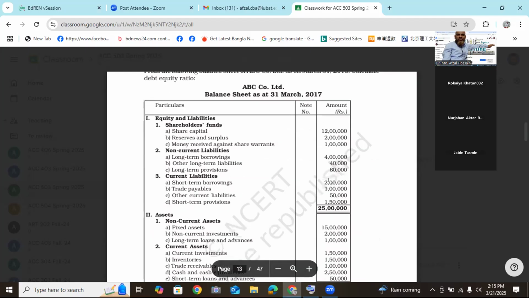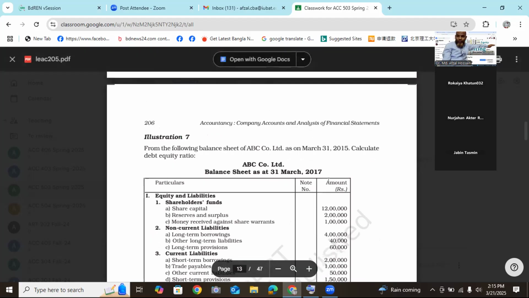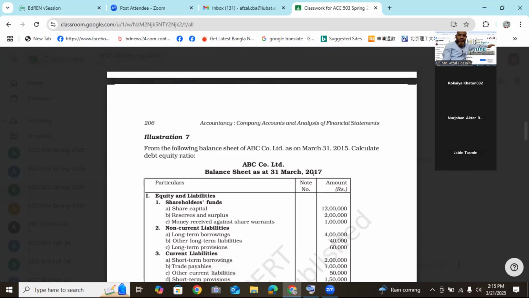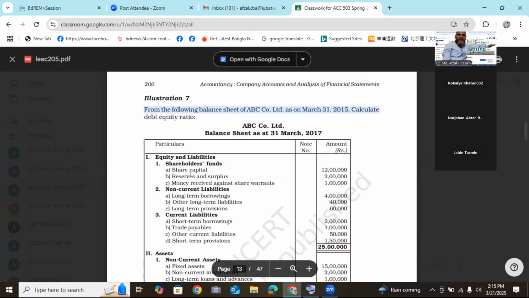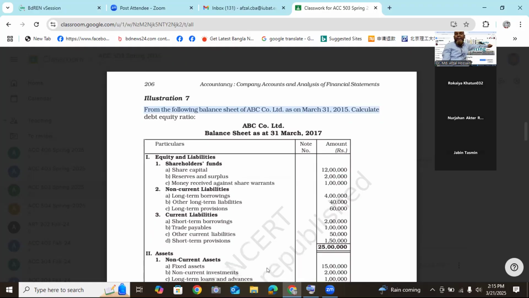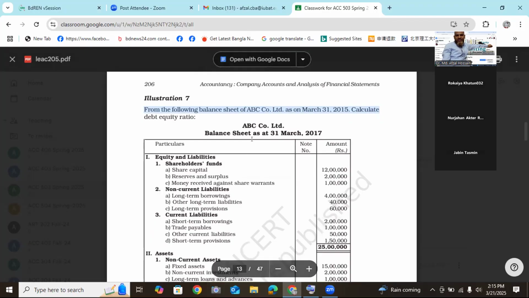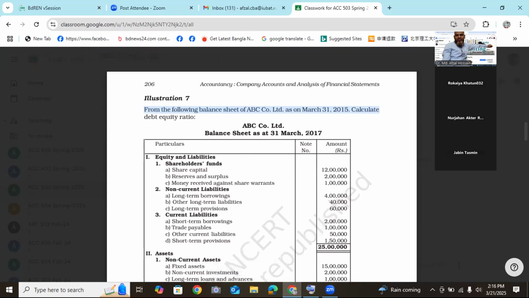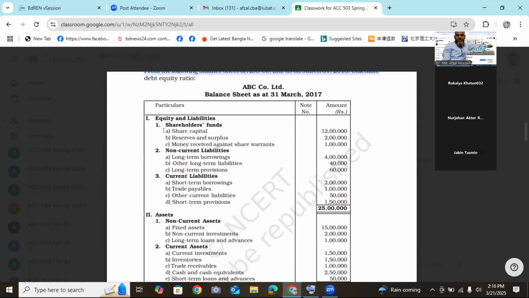So there is an illustration. If we solve one problem, we can understand very easily. Illustration number 7. From the following balance sheet of ABC Company Limited on March 31st, calculate debt to equity ratio. The balance sheet items are given. First of all, shareholder funds.